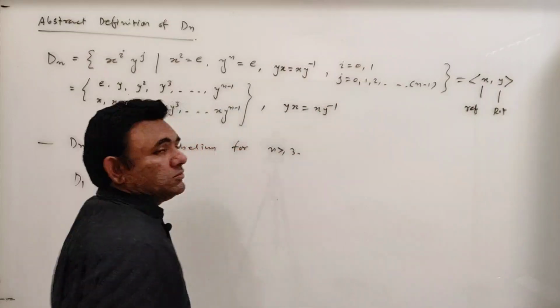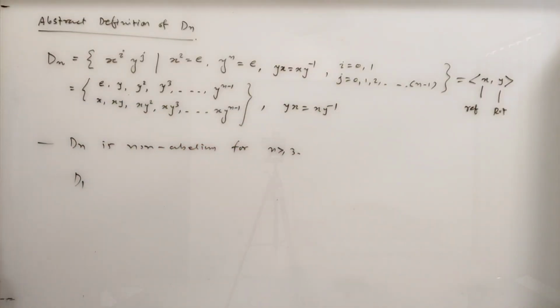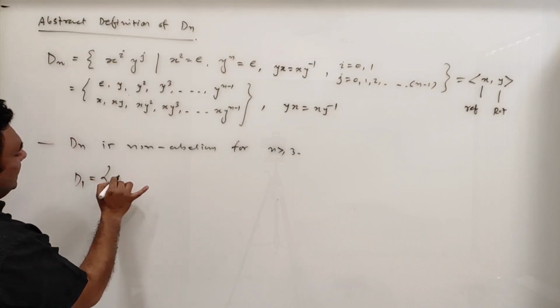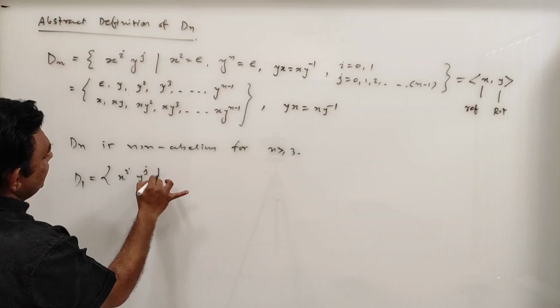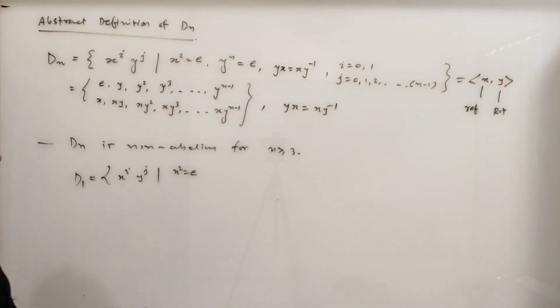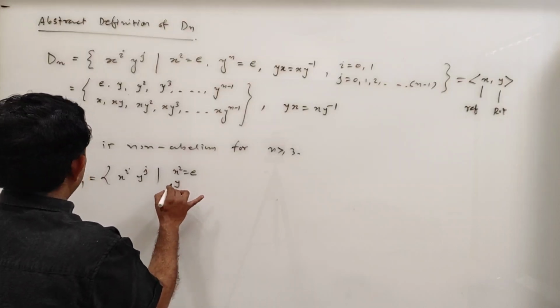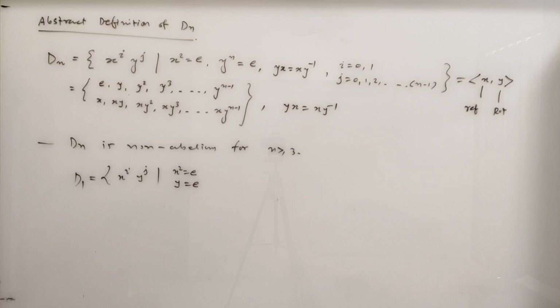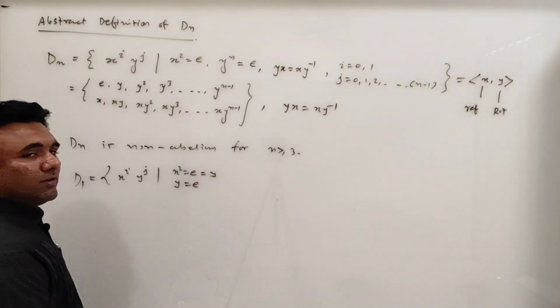So j is 0. तो क्या रहेगा? x raised to i, y raised to j. x square is identity and y raised to 1 is identity. y भी मेरा आइडेंटिटी है, तो मतलब ये क्या हो गया? ये y ही हो गया.